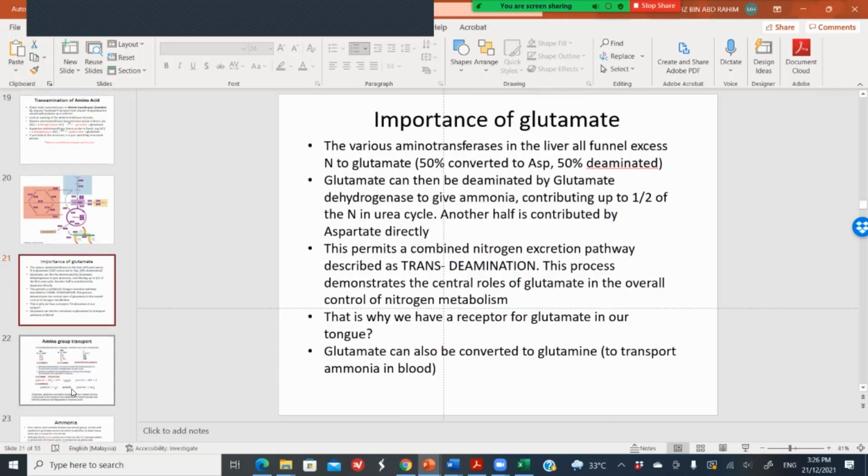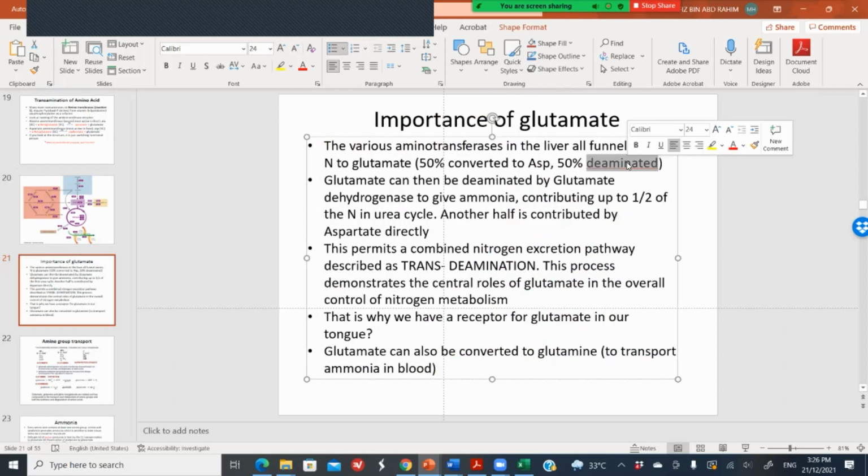Okay, so this is the importance of glutamate. Like I told you before, the various aminotransferases in the liver all funnel excess nitrogen to glutamate. 50% converted to aspartate and 50% deaminated into alpha ketoglutarate. We will see how aspartate is important in the reaction as well later on. Glutamate can be deaminated by glutamate dehydrogenase to give ammonia, contributing up to 50% of the nitrogen in the urea cycle.